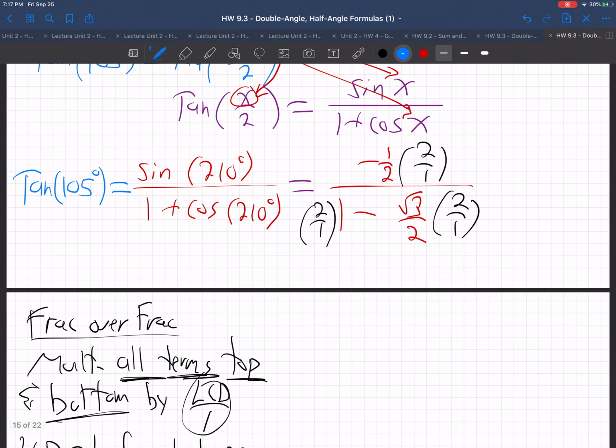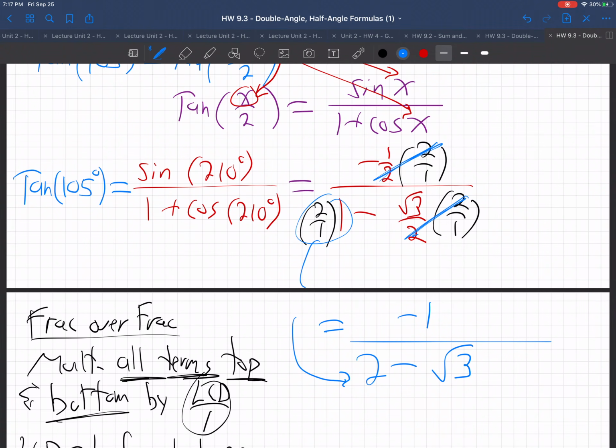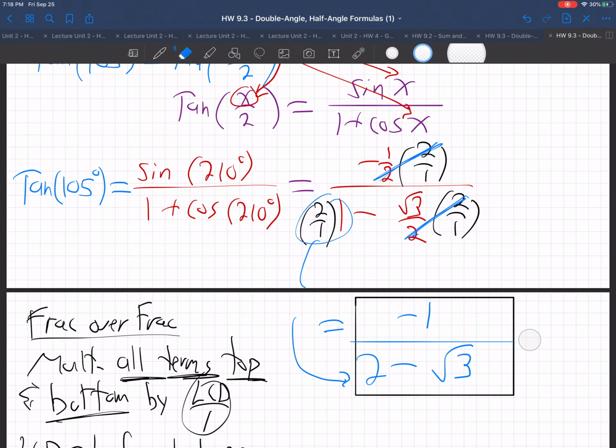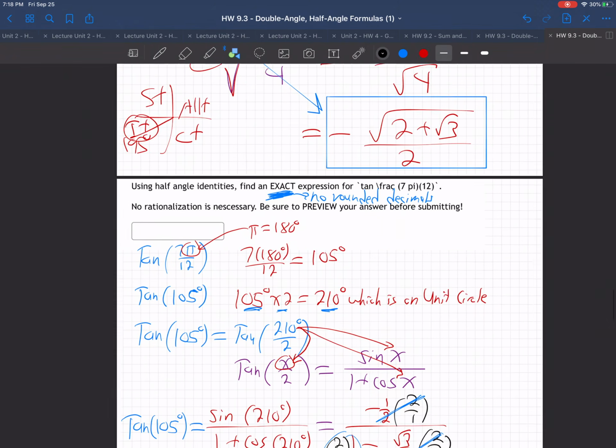Okay, so then what happens? These cancel. So I get negative 1 on the top over 2 times 1, that's just 2, minus, and then these cancel, root 3. And that's it. We can stop right there. You might think, what about that square root in the bottom?